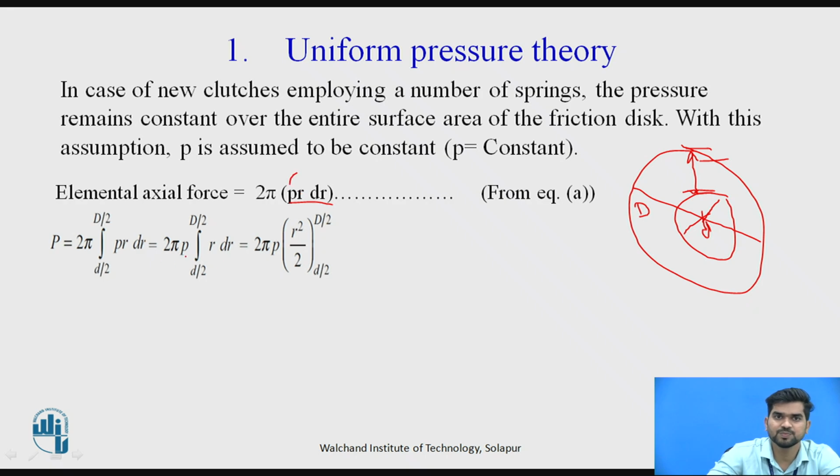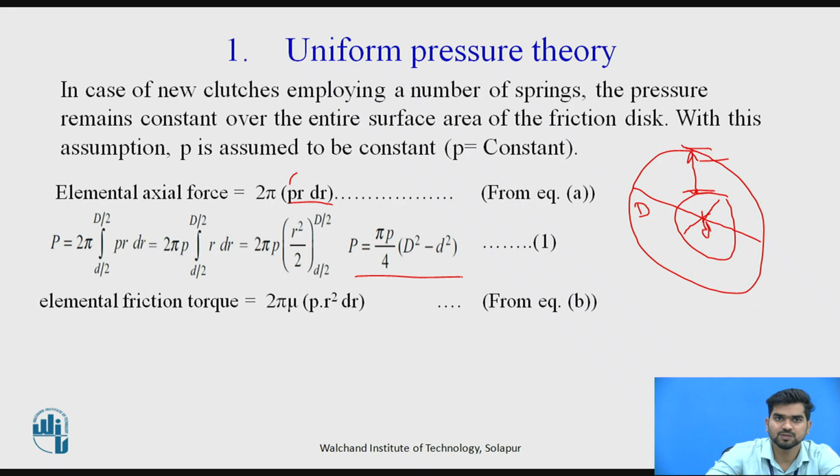So we get 2 pi p times the integration from d by 2 to D by 2 of r dr. Integrating this, we get the final equation, the total pressure that is exerted there, which we can call the axial force.